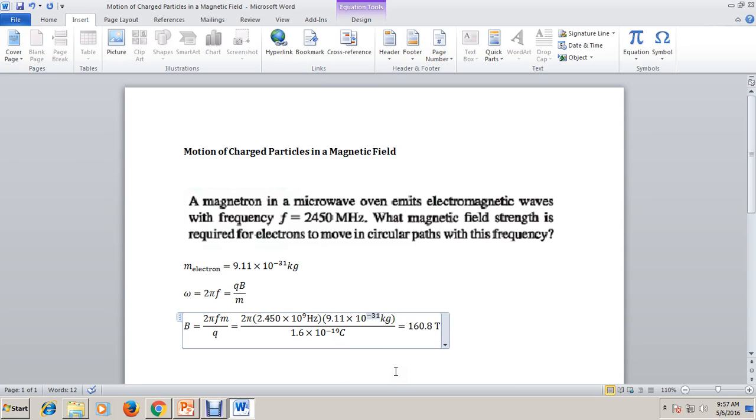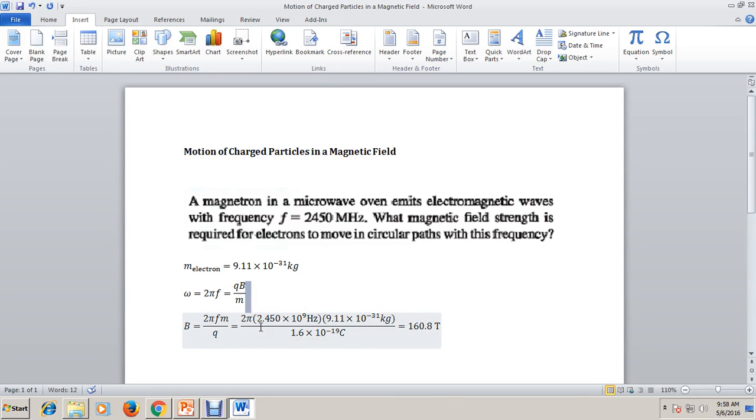If we do the computation again, this is 2 pi. I'm expecting everybody to verify this using your own scientific calculators. So 2.450 exp 9 times the mass of the electron, 9.11 exp negative 31, divided by 1.6 exp negative 19.